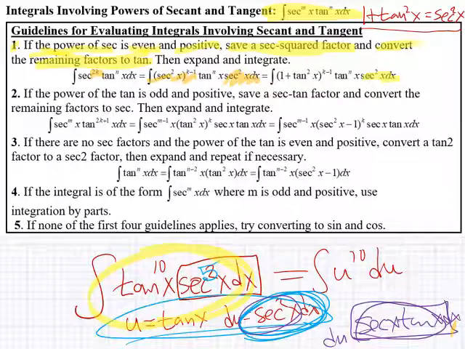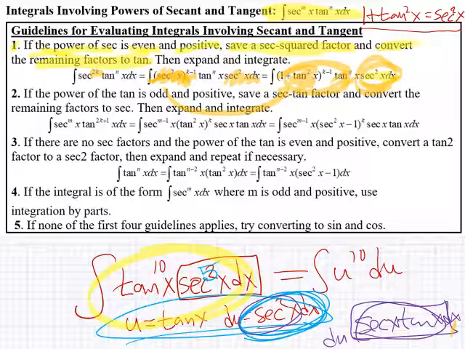So if everything else has to be related to tangent now, well, the remaining secant that's left over can be written as a secant squared. That secant squared can be used in the Pythagorean identity. So now I have all tans and a secant squared. I have my u's and I have my du, and I'm ready to go. So in that case, u would be tangent and du would be secant squared. And it looks a lot like what we did with sine and cosine.